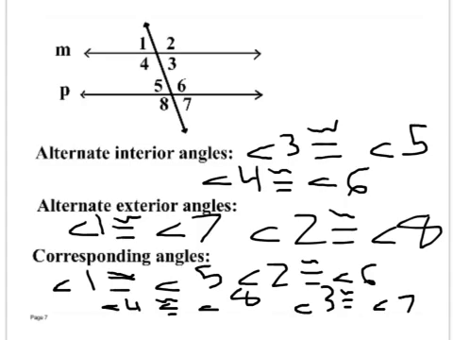Angle 7, because they're on the same side. Does 3 and 7 look exactly the same? Yes, they do. That is corresponding angles: angles that are congruent to each other and on the same side of the line.